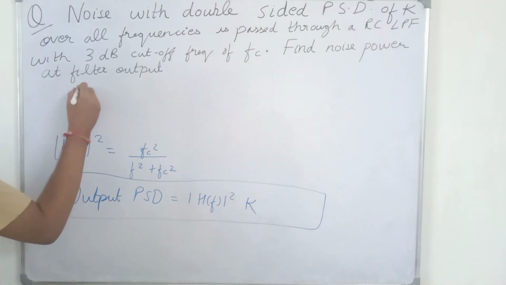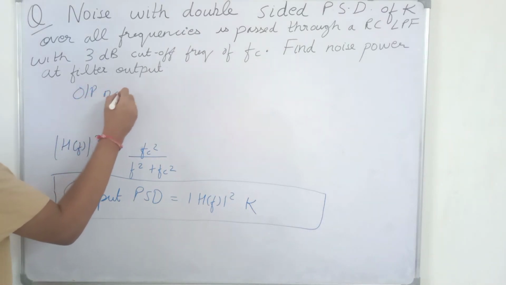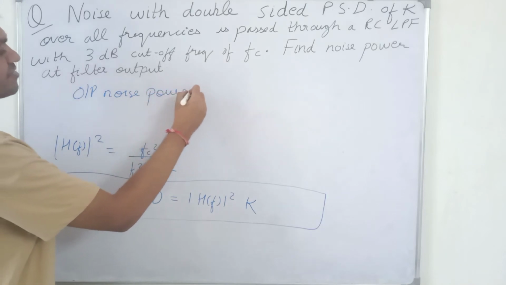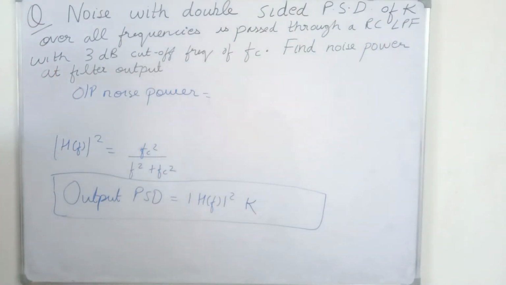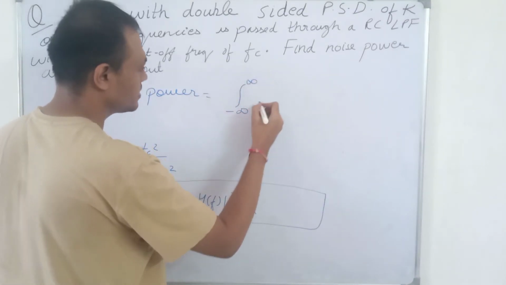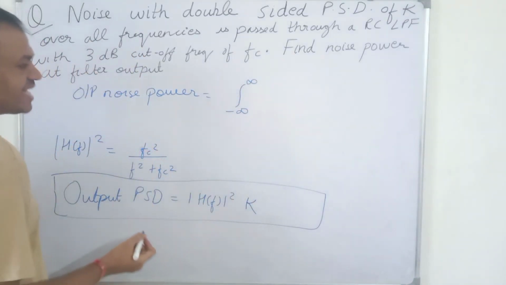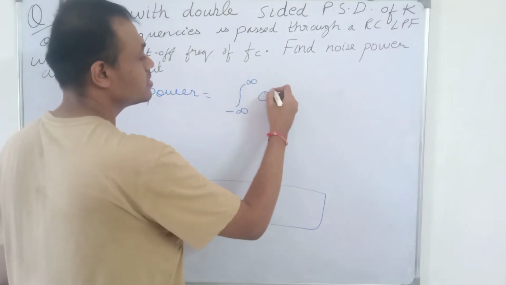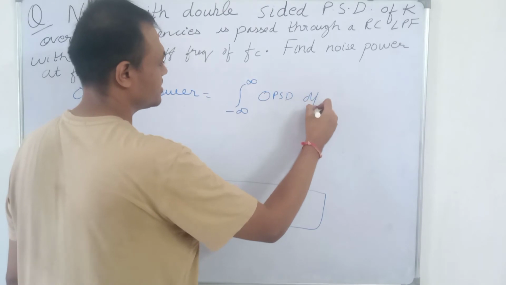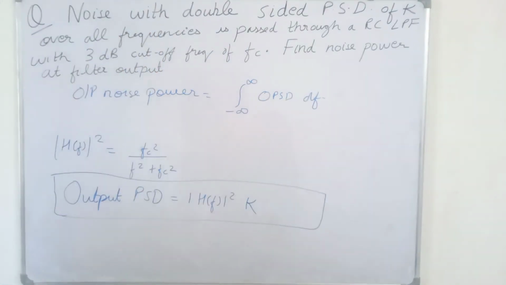So, output noise power. Power is the area of the power spectral density, so we have to integrate the power spectral density from minus infinity to infinity, output power spectral density into df. So we integrate over all the frequencies.